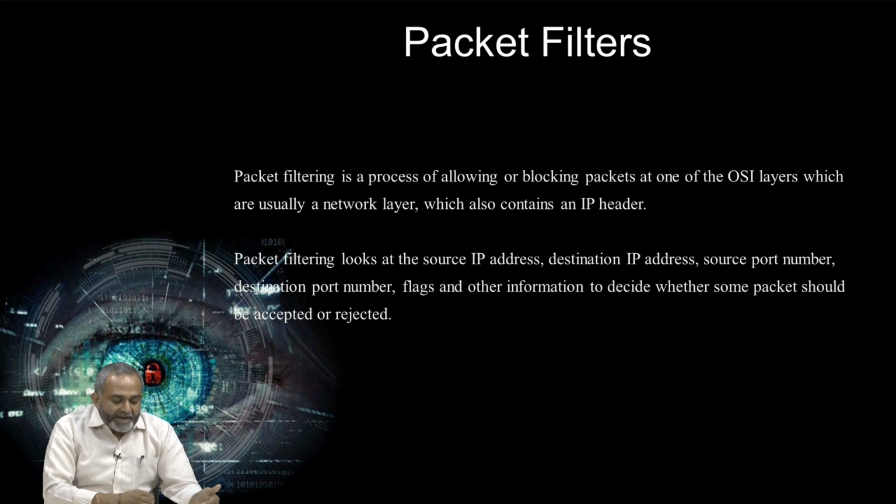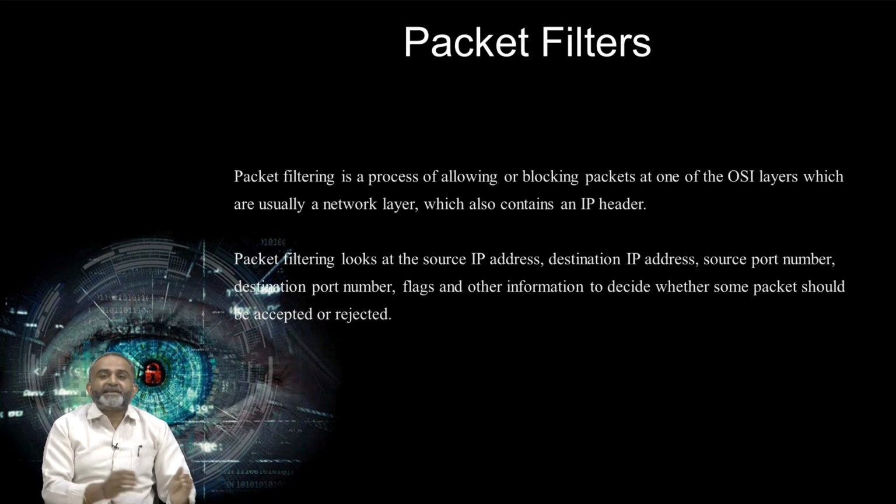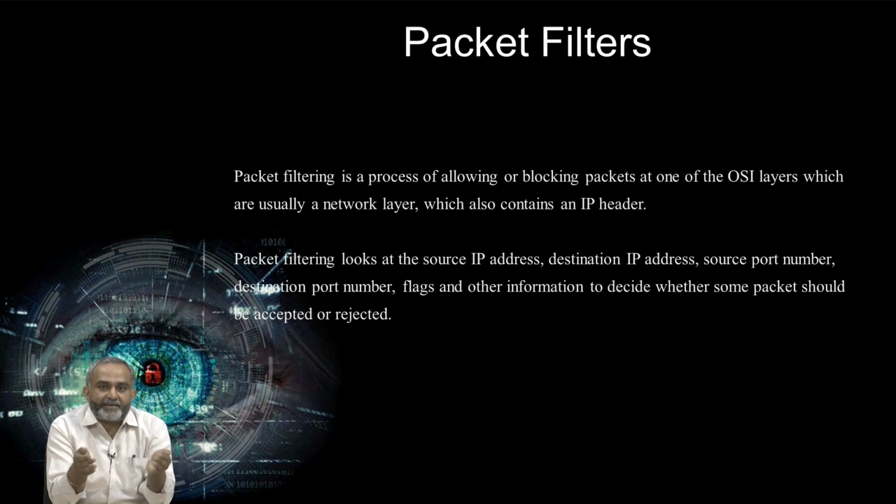Now, the main point here is that, whether it is TCP or UDP, first of all packet filters are required to recognize the communication protocol, and all this kind of information is comprised in an IP header.